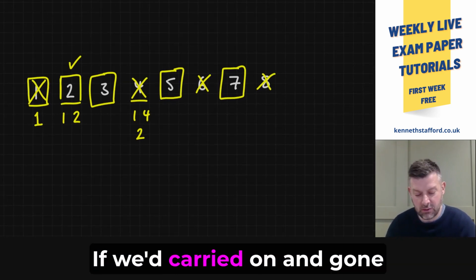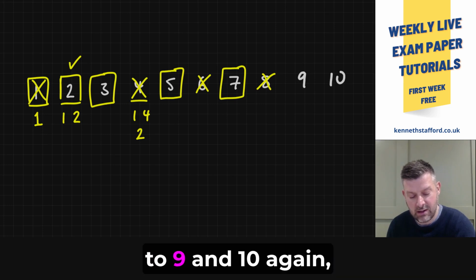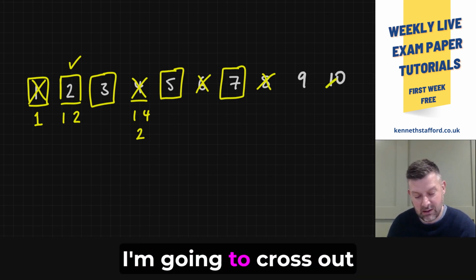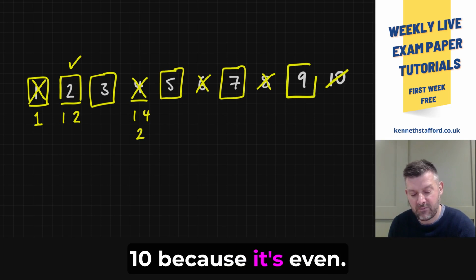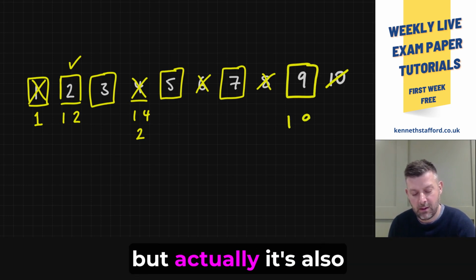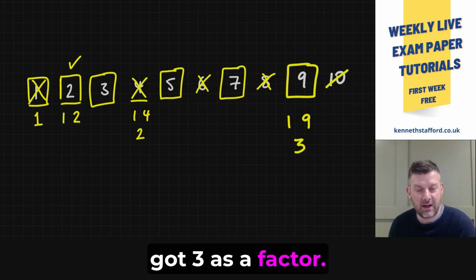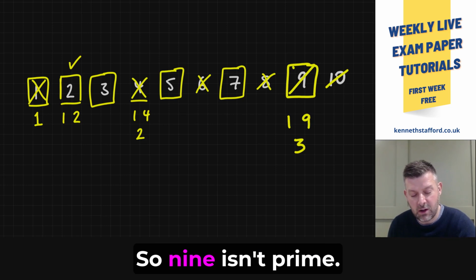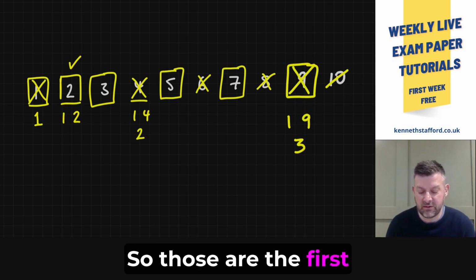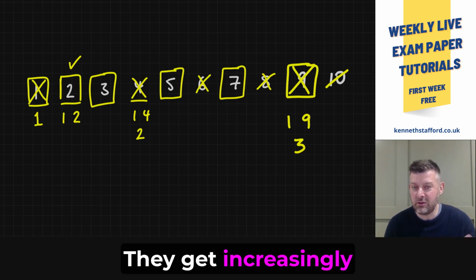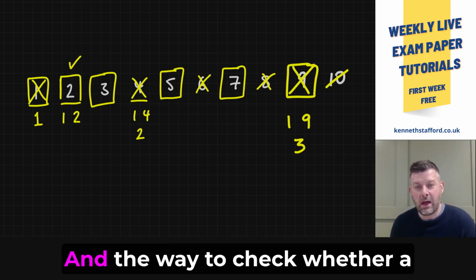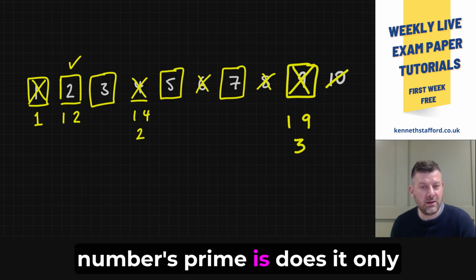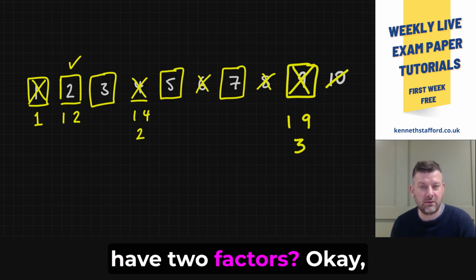If we'd carried on and gone to 9 and 10, again, I'm going to cross out 10 because it's even. 9 feels prime, but actually it's also got 3 as a factor. So it's not a prime number. It's a square number. So 9 isn't prime. So those are the first 4 prime numbers. They get increasingly further apart. And the way to check whether a number's prime is, does it only have 2 factors?